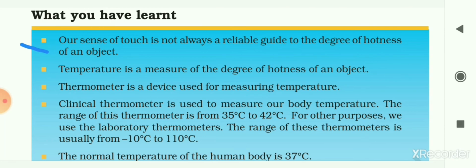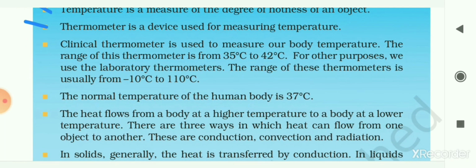Next, temperature is a measure of the degree of hotness of an object. Then we had seen about the thermometer. A thermometer is a device that is used for measuring temperature. Then we had seen different types of thermometer.